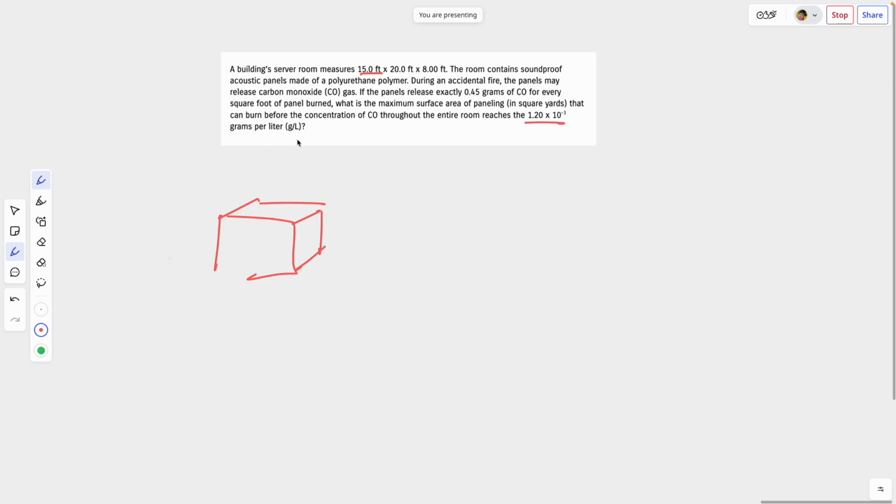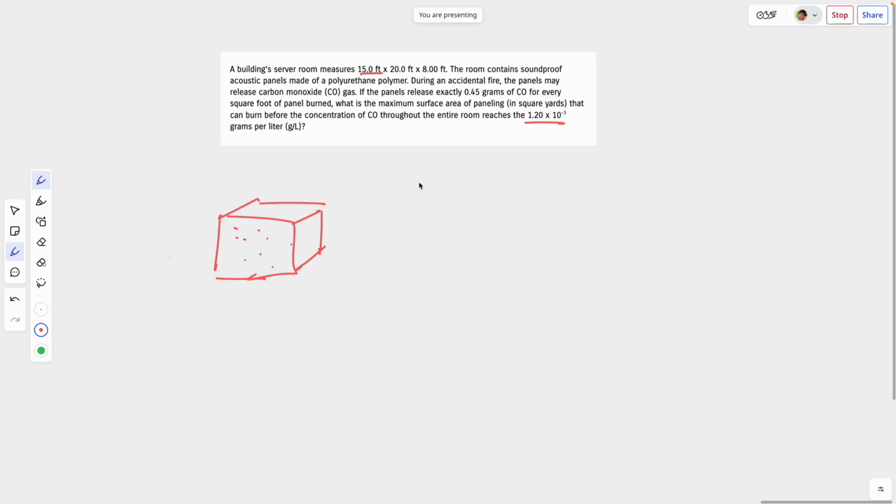So this grams per liter ratio. So it's saying that we have a certain amount of CO that's burnt off that enters this room over here, and it's asking us how much CO needs to burn to reach this ratio.